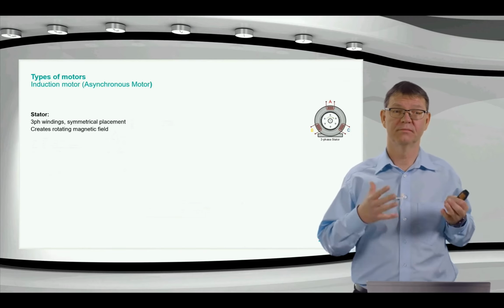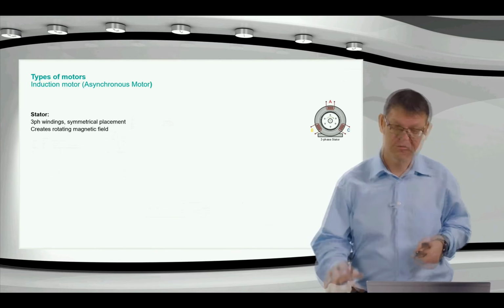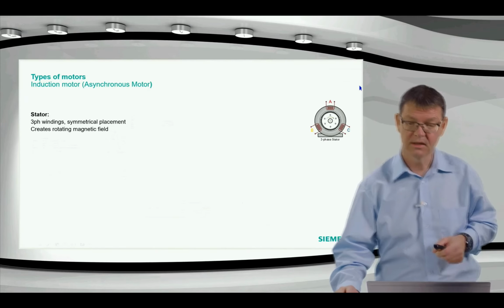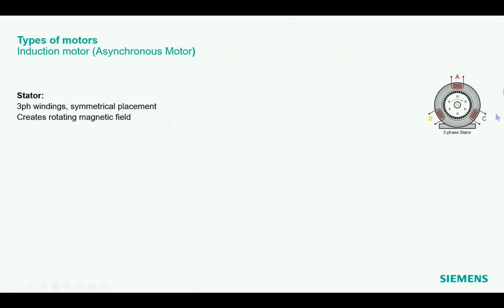For the asynchronous motor or induction motor, we have a stator, what you see here on the right-hand side, with 3 windings for the 3 phases, and they are applied in a symmetrical way, as you can see here. I have a sine curve voltage on each of these phases, and they induce a current, and this current creates a field here.